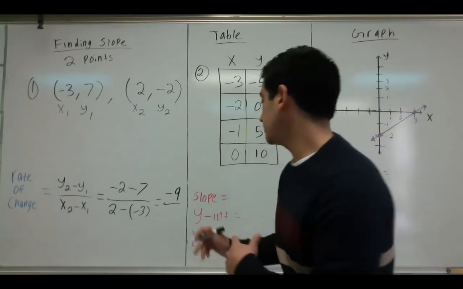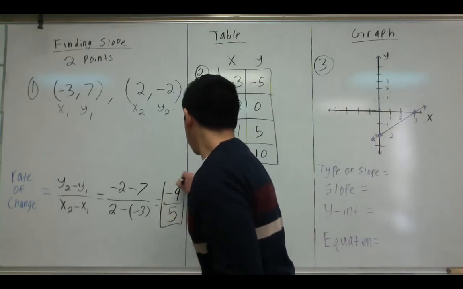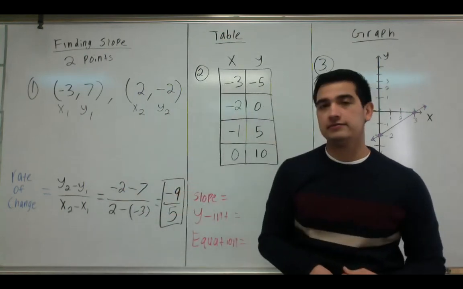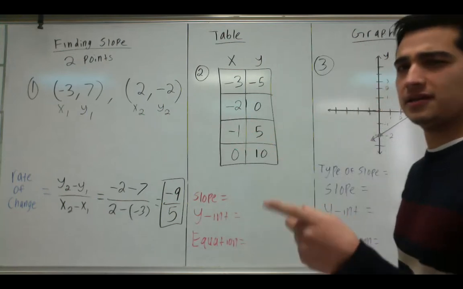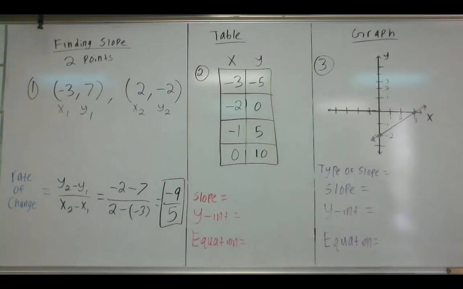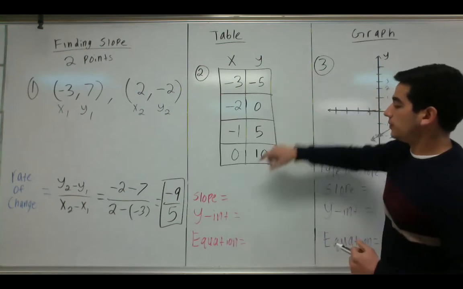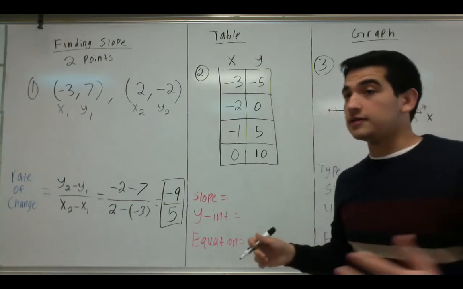So 2 plus 3, y'all know that. That is 5. So the slope between these 2 points is -9 over 5. Easy. Okay. And you will have one of these on your test. Maybe 2. I think it's 1. Okay. Number 2. So here we want to find the slope, that's the first part, from a table, right? And again, we've done this stuff.